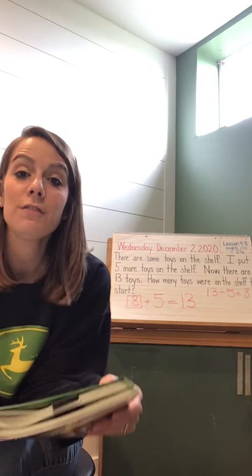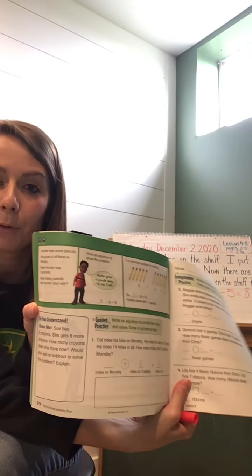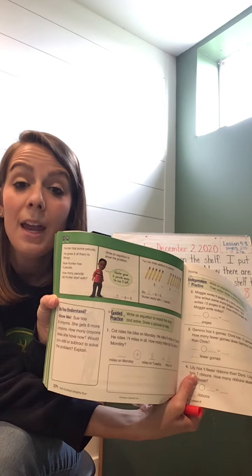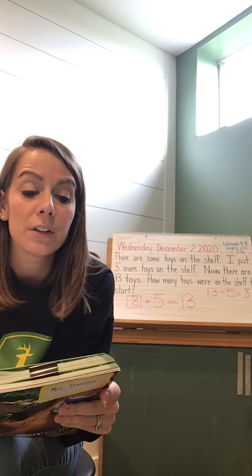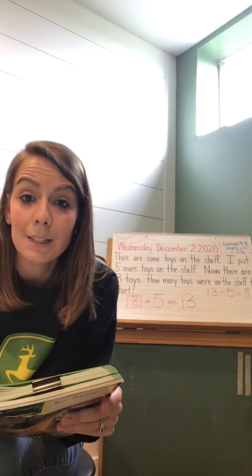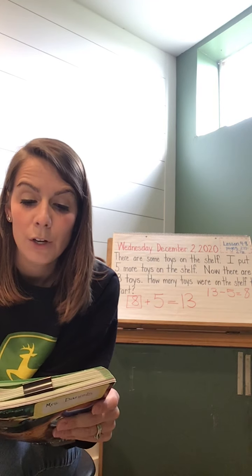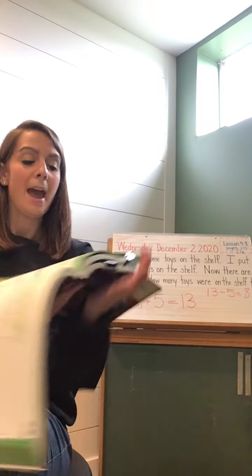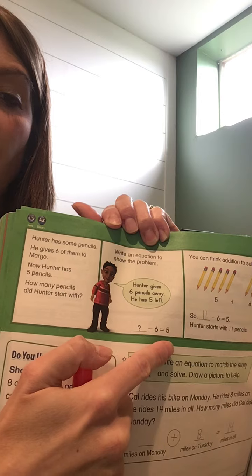All right, so after you've done that one, let's take a look at page 274. At the top, remember, they always kind of review what the lesson is about, and they show us different ways we can solve. So he tells me Hunter has some pencils. He gives 6 of them to Margot. Now he has 5 pencils. So we need to think about how many he had to start with. So they have, right here at the top, you can see it in your book also, something minus 6 equals 5.